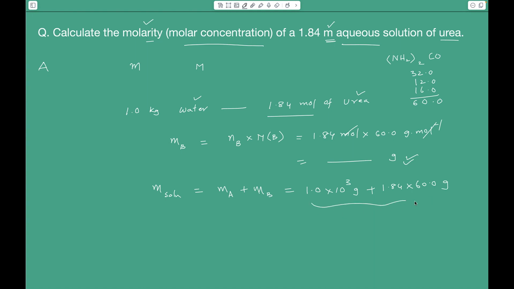So this is the total mass of the solution that contains 1 kilogram of the solvent and 1.84 moles of urea. Or in other words, 1.84 mole of urea is present in so many grams of the solution. So you know the amount of substance of solute, or the number of moles of solute, that is urea, and the mass of the solution, that is this.